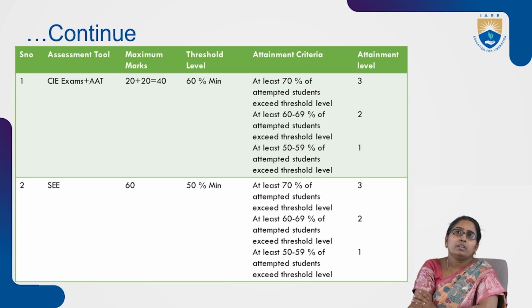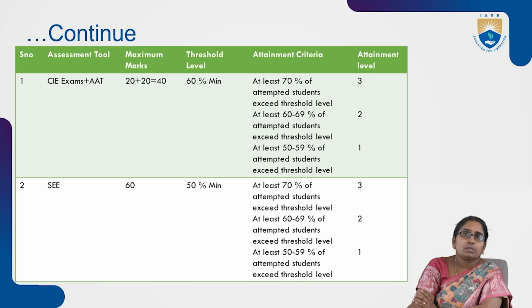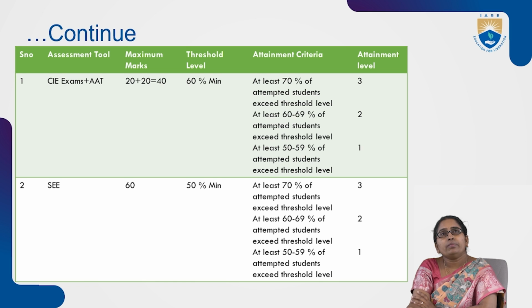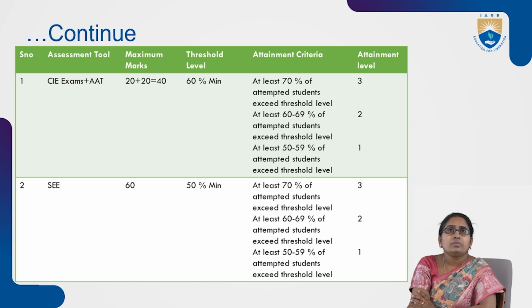And here, how they take the attainment level is explained. For the internal exam, CIE exams plus AAT, is given for 40 marks in total. In that, 20 is for CIE and 20 is for AAT.